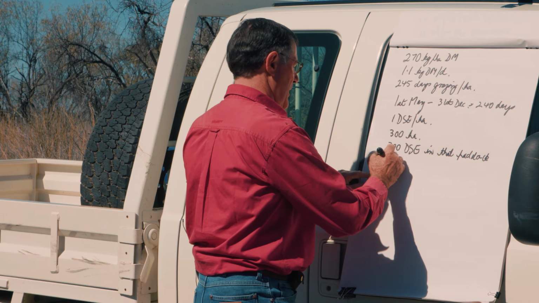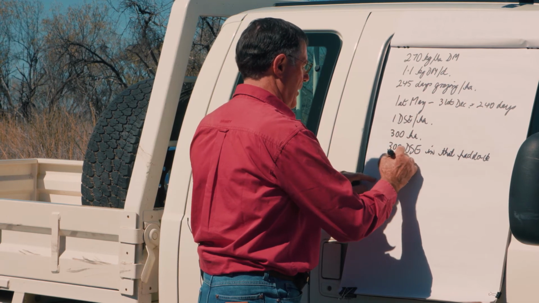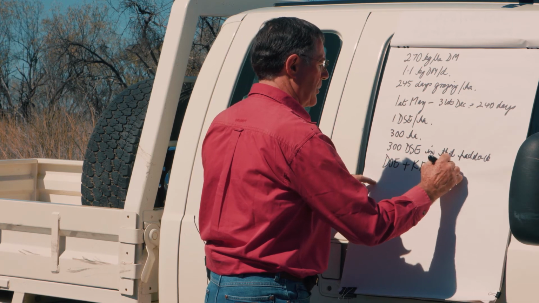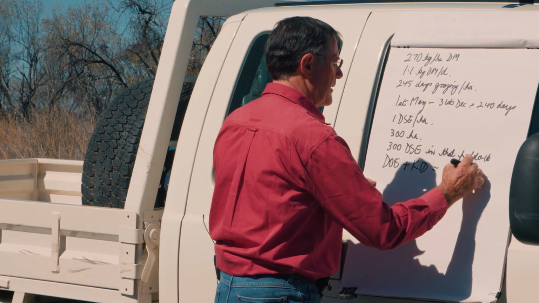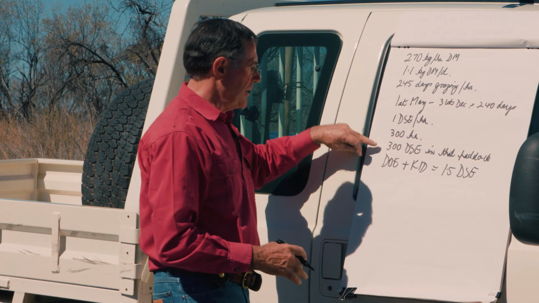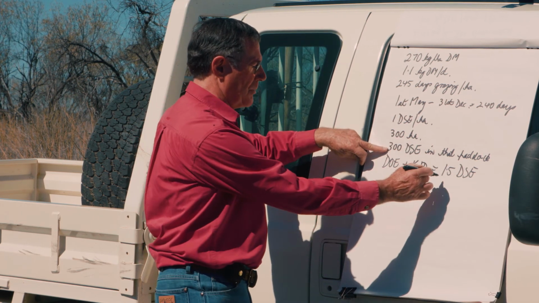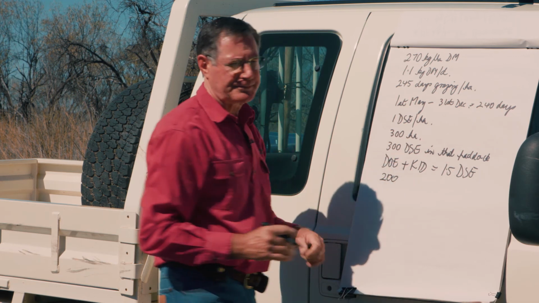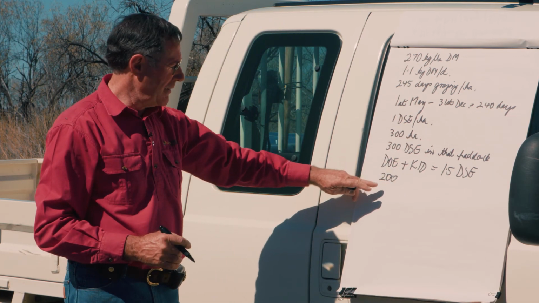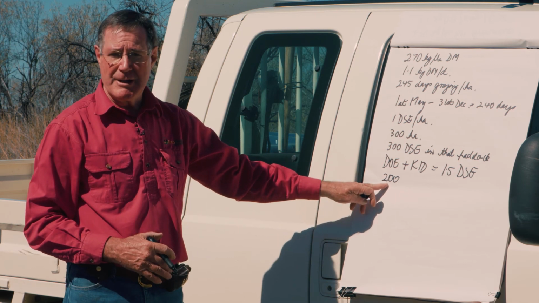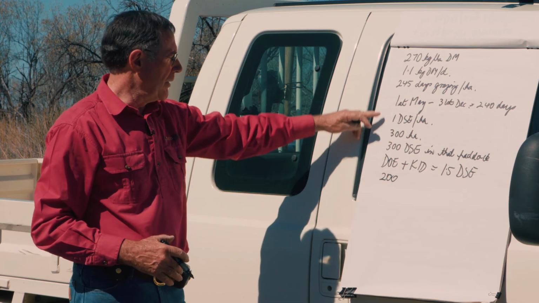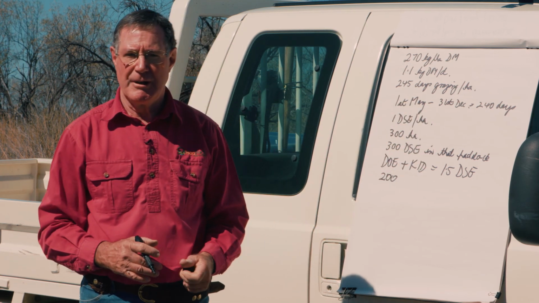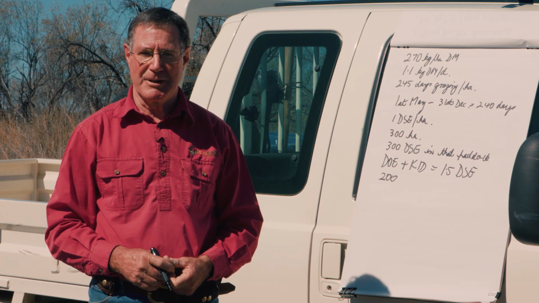So a doe plus a kid equals 1.5 DSEs. So now we divide our 300 by 1.5, and that comes up to 200. That means we can run 200 nannies and kids in that paddock for that period between the 1st of May through to the 31st of December. And that's our forage budget. That's how simple it can be.